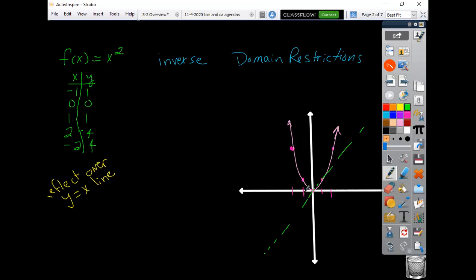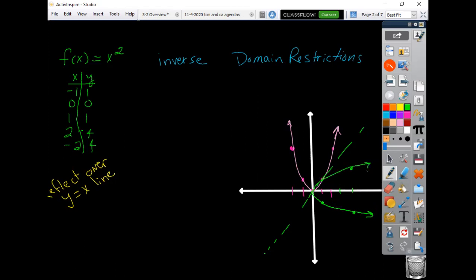If you think about this, -1, 1, this would be 1, -1 here. And if you do this -2, 4, this would be 4, -2 here. So what this one's doing is coming out like that. And then your 1, 1 would still be 1, 1 there, but your 2, 4 would be 4, 2. So this one is going to be sitting right over there.